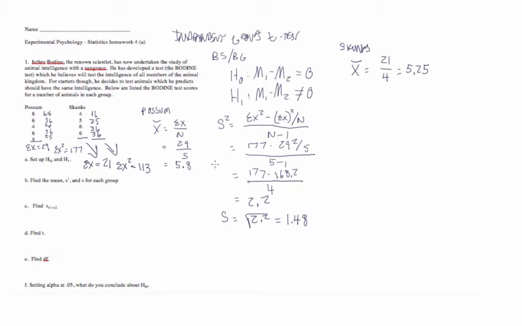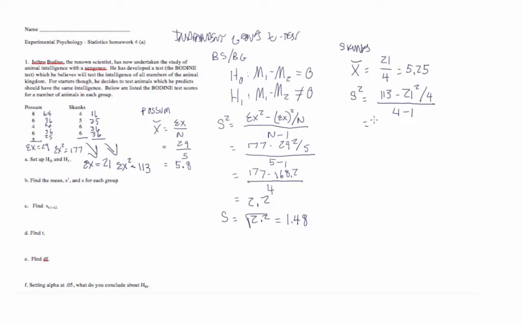So we can see right away, just by comparing the means, possums are smarter than skunks. And I can say that from firsthand experience too. The question is, is it a statistically significant difference between the two? Let's get the variance for skunks. Again, we already have the formula here, so let's just plug in our numbers. It's going to be 113 minus 21 squared divided by 4, over 4 minus 1.